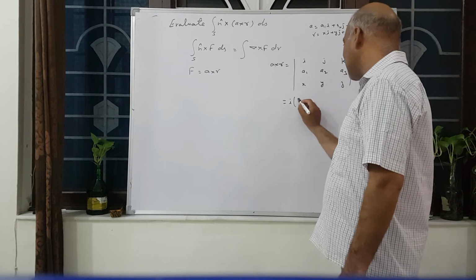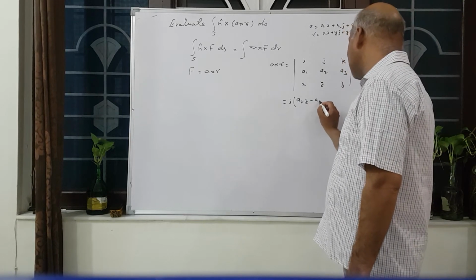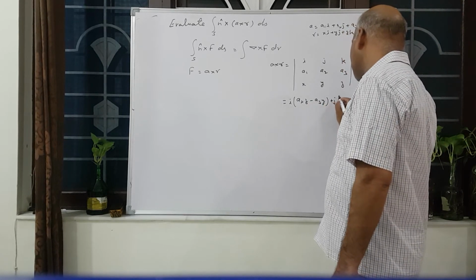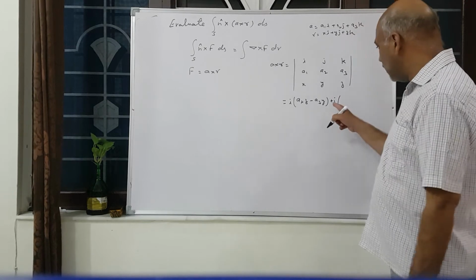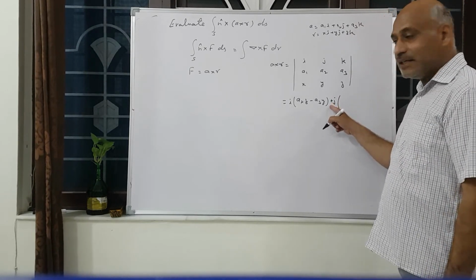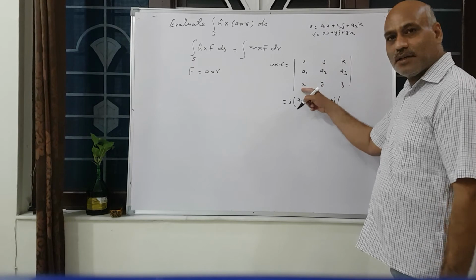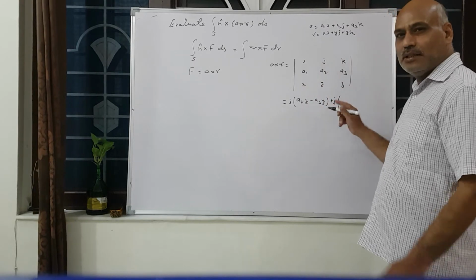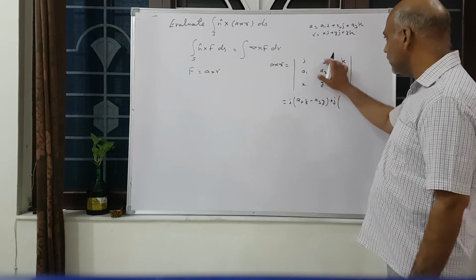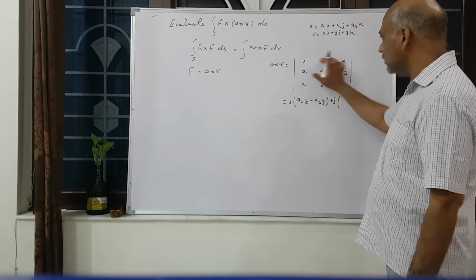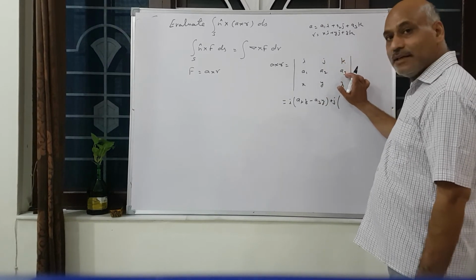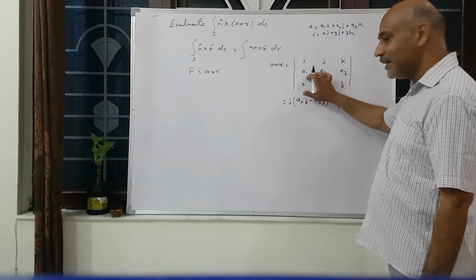So A2z minus A3y, plus j. If you put minus here, then the same order; if you put plus here, then you have to change the order. Now multiply the opposite sides: first this one minus this one.